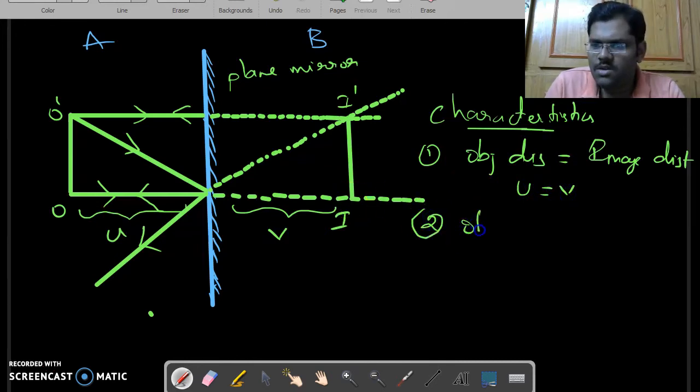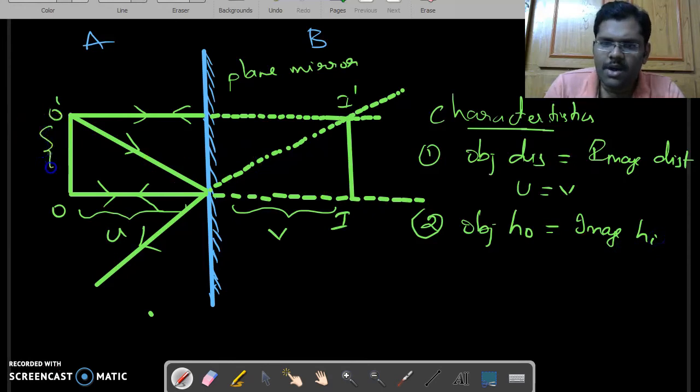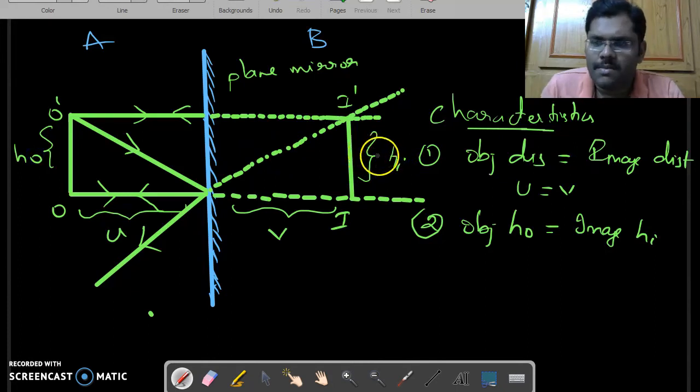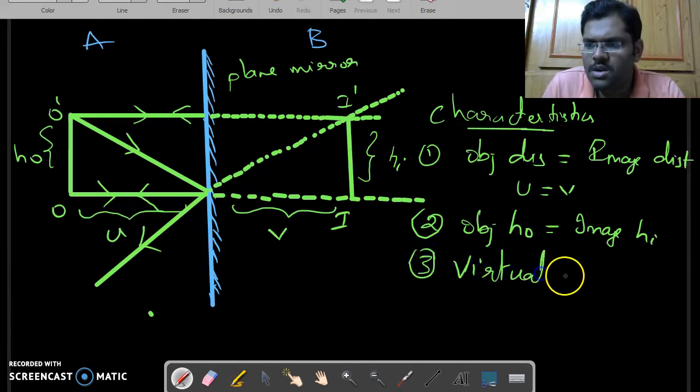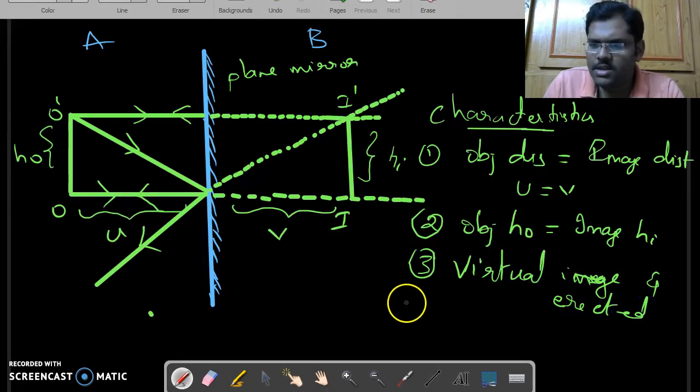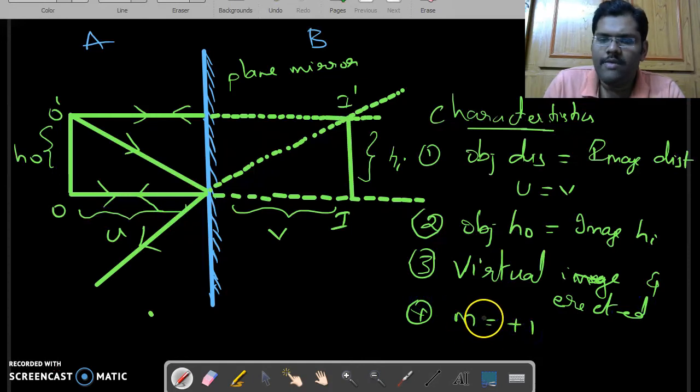Second, the object height is equal to the image height. This is the object height, this is the image height. These two are always equal to each other. Third, the nature of the image will always be virtual and erect. And fourth, the magnification of the plane mirror will always be +1.